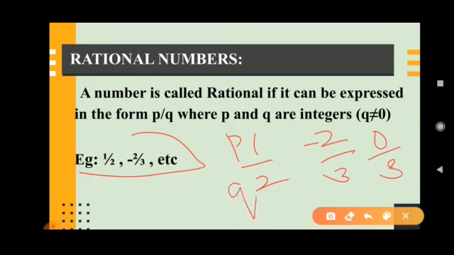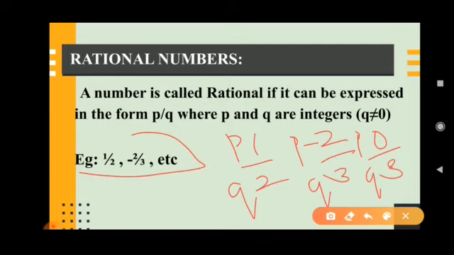So if any number is expressed in the form of p by q, one is the numerator and it looks like a fraction. But don't forget there is a difference between rational and fraction.